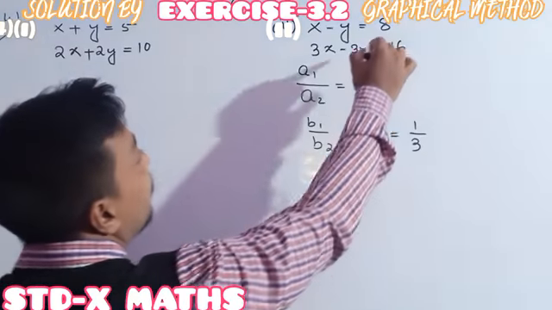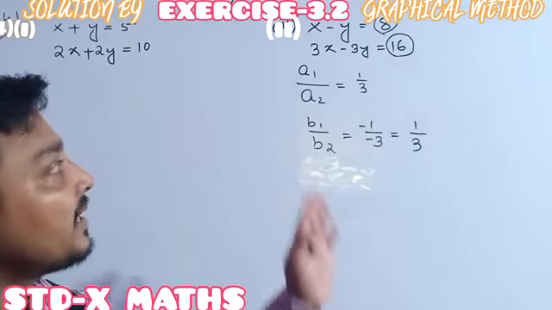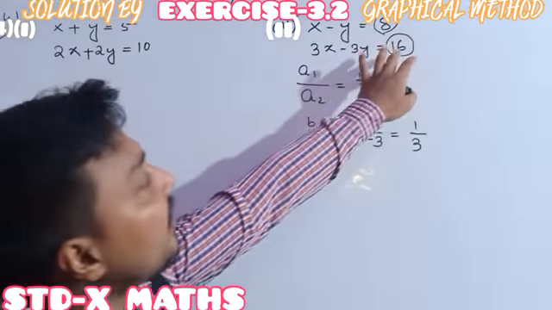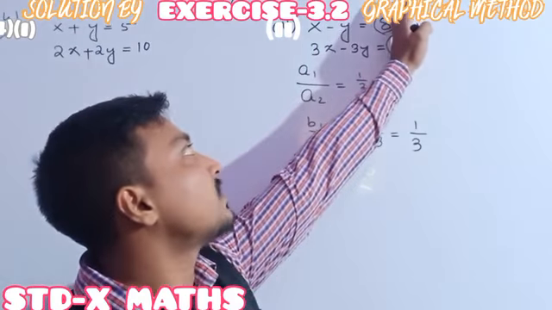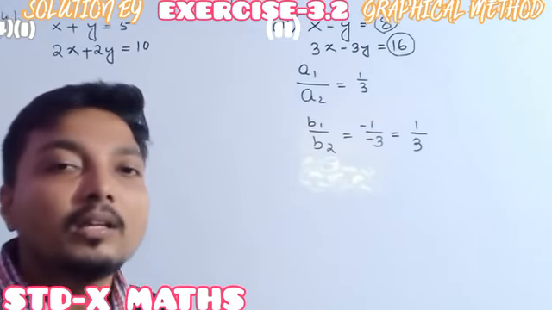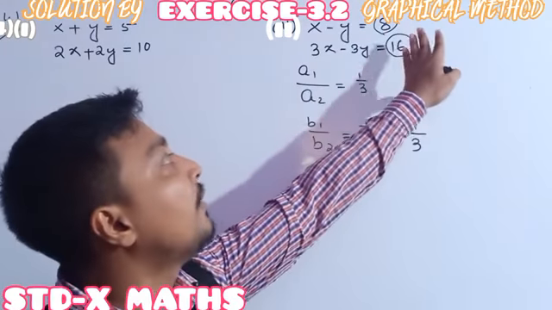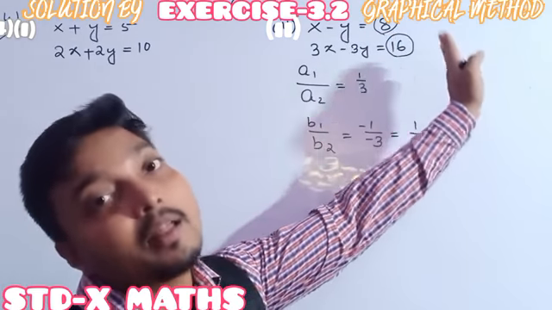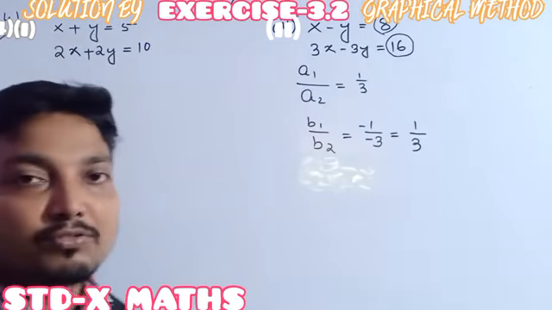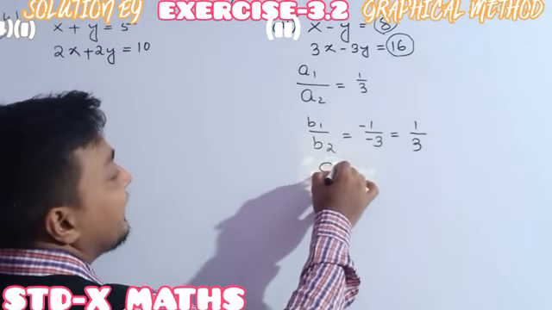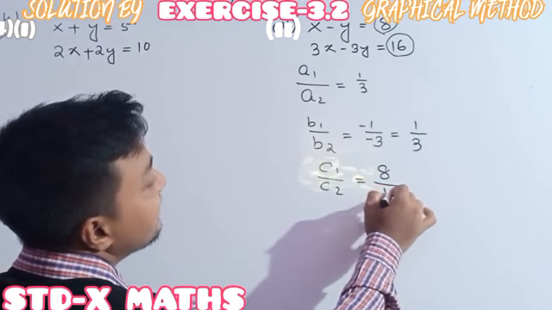Whenever both the constant terms are on the right side, you may take the ratio without changing the side, no problem. Whenever you transpose them to the left side, you will obtain the same ratio. So whenever both constant terms are together on the right side of the equation, directly I write c1 divided by c2, which is 8 divided by 16.